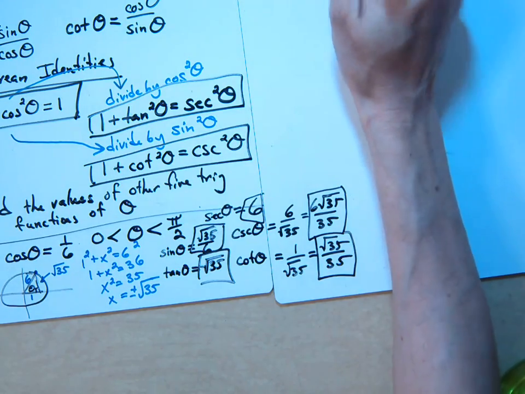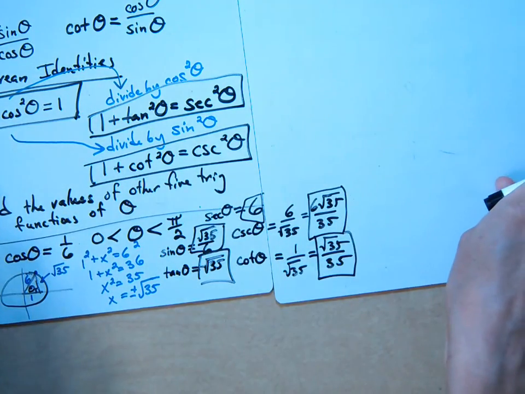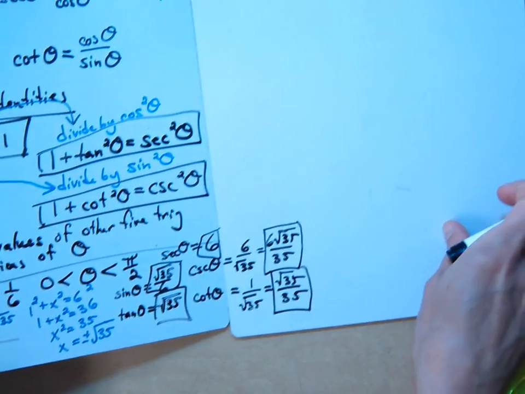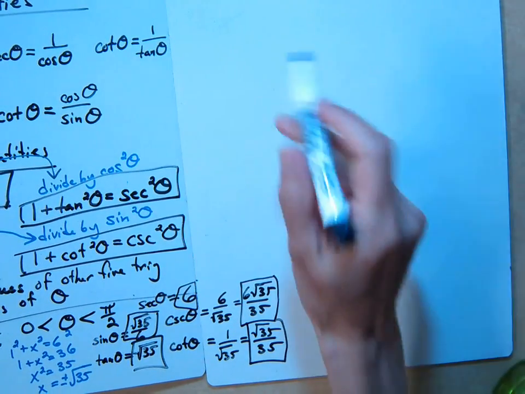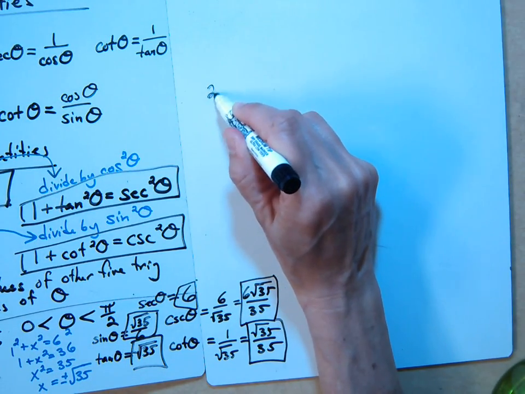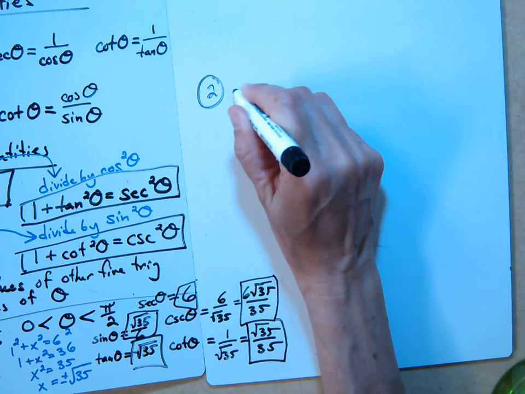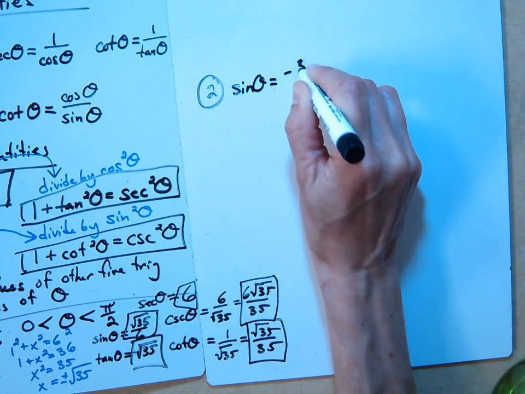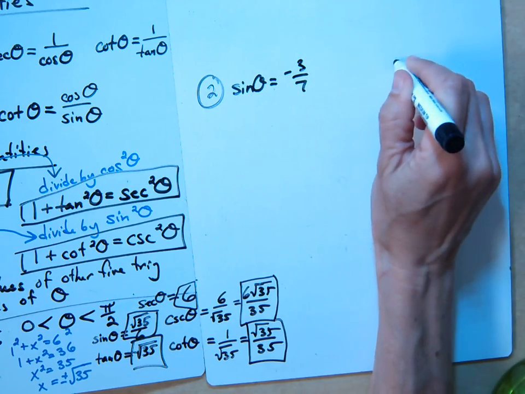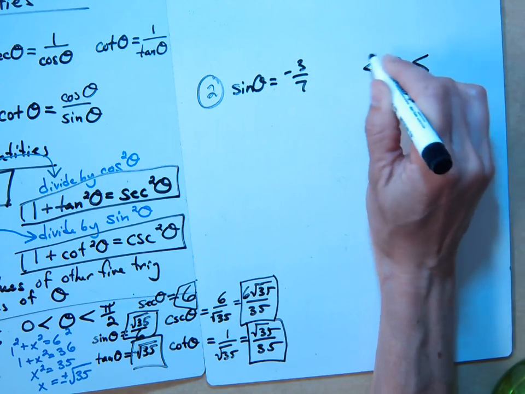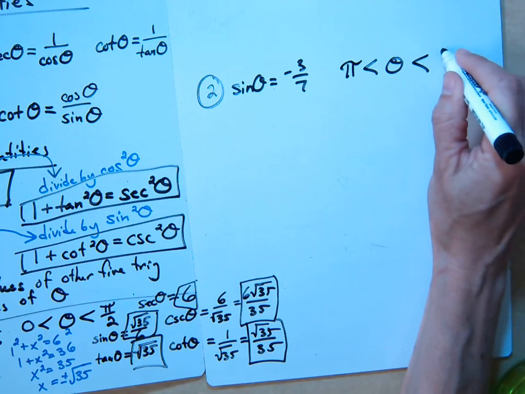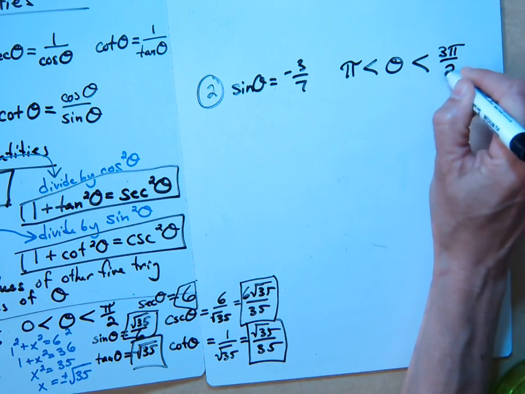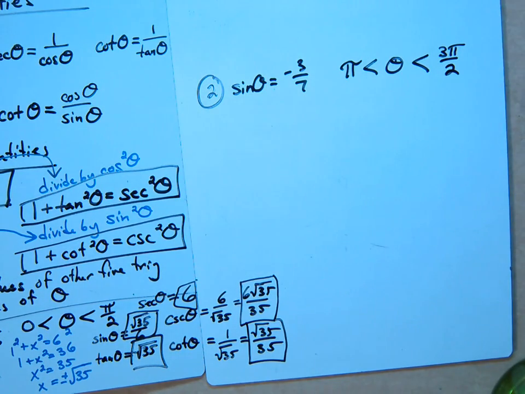So number 2, I'm going to do number 2 here. Let's say you're given the sine of the angle is -3/7, and theta is between pi and 3 pi over 2. So draw a picture.